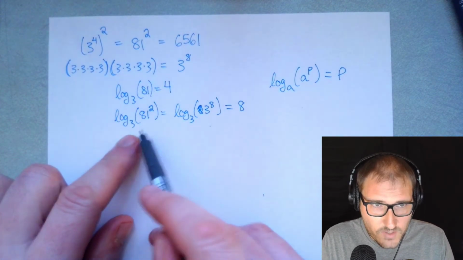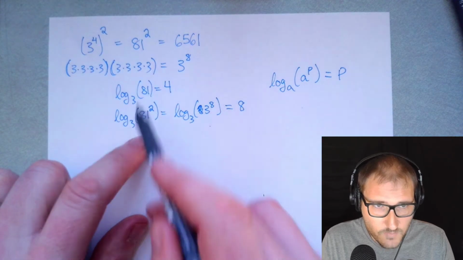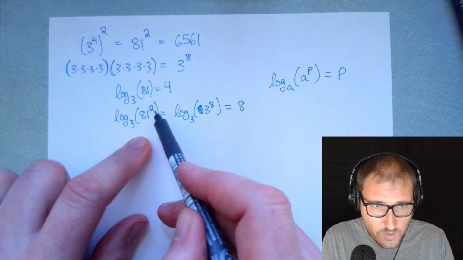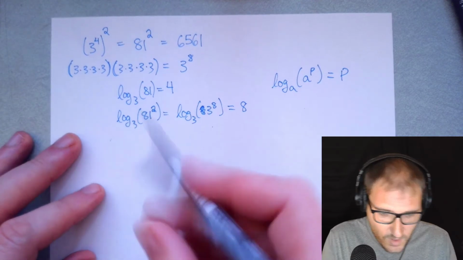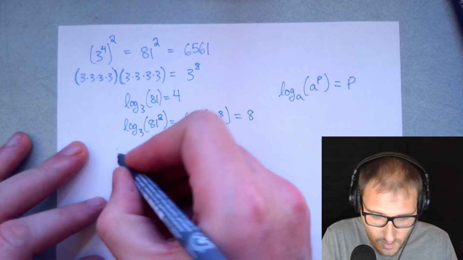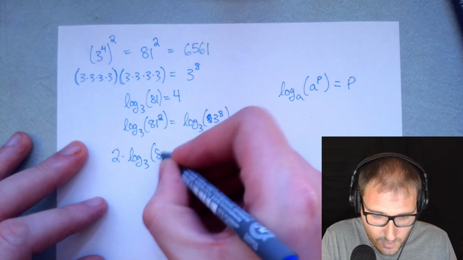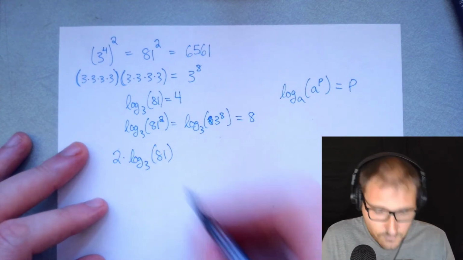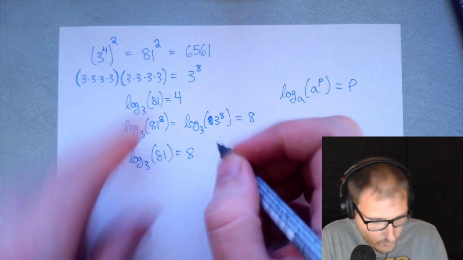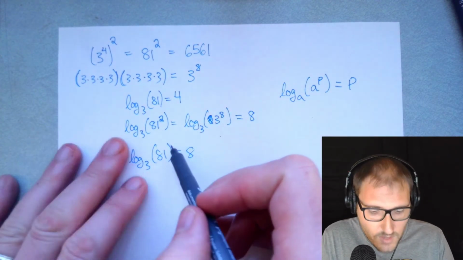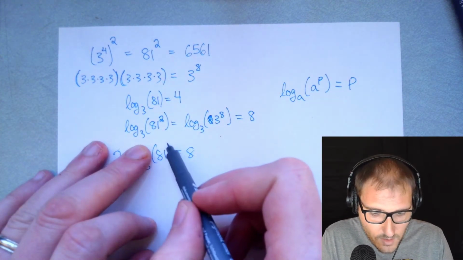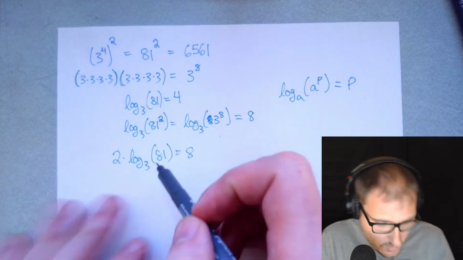When we did log base 3 of 81 squared, we got 8. So you might notice we could have just multiplied this 2 out here. So you could say this is 2 times log base 3 of 81 is equal to 8. So you can kind of bring these powers down. A power inside the log becomes a multiplication out here.